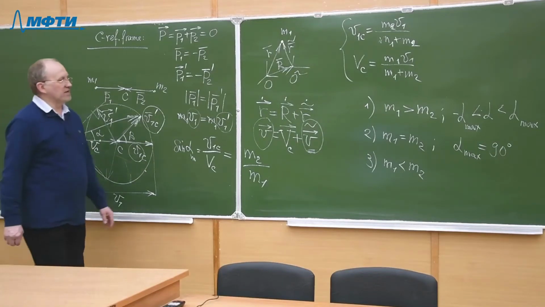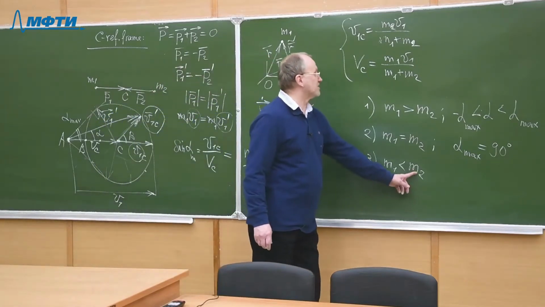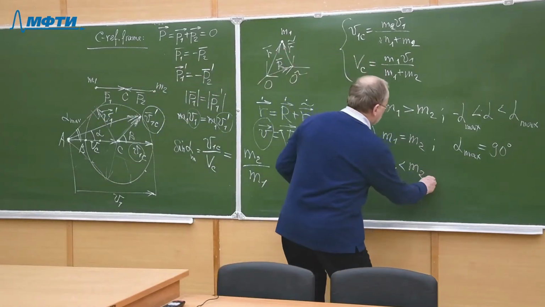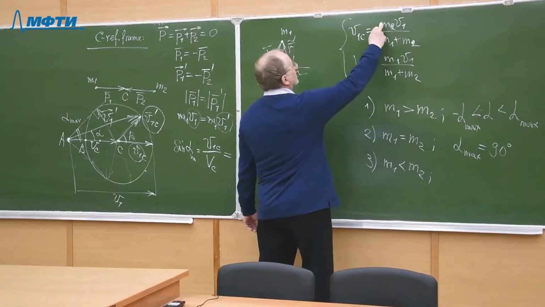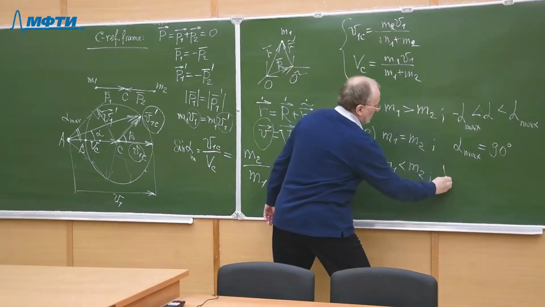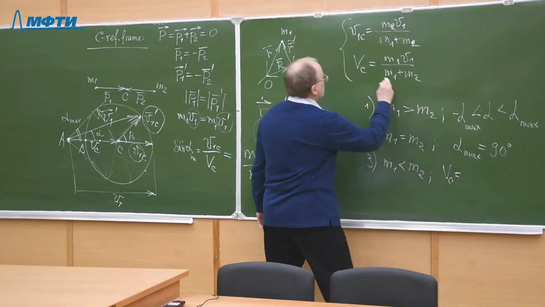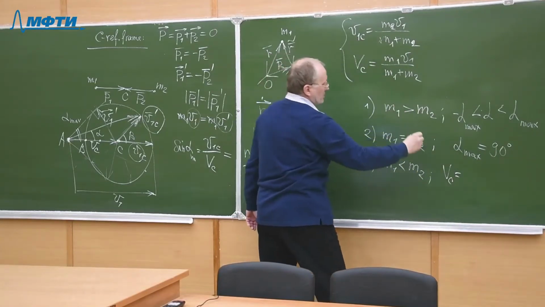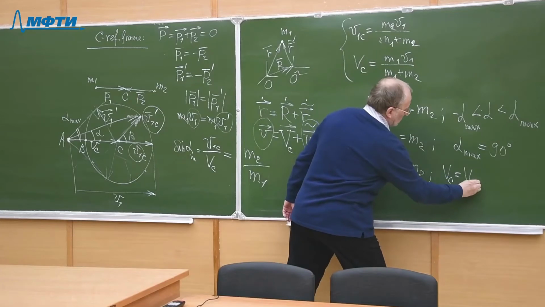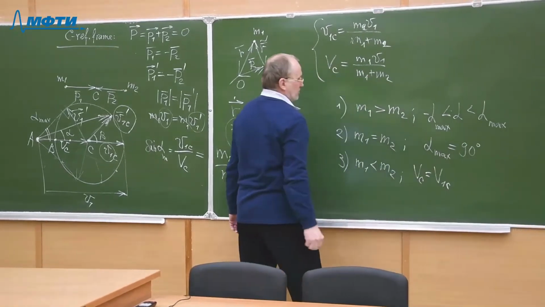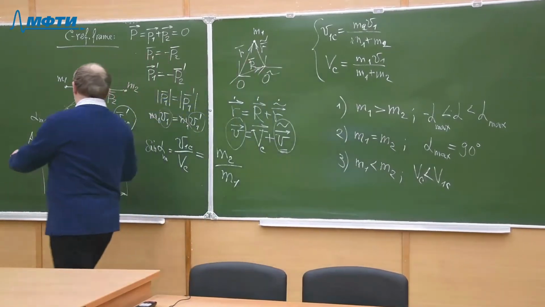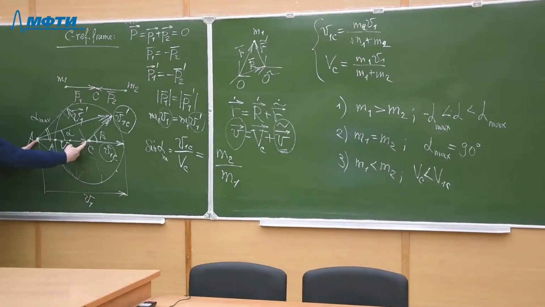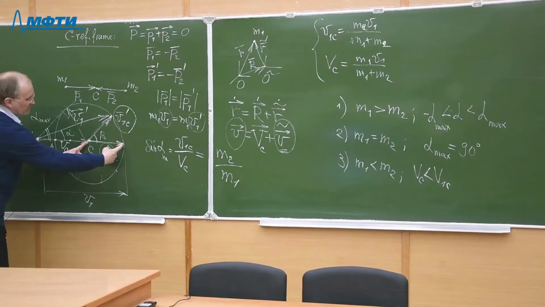By the way, if m1 is smaller than m2, then in this case, look here at this formula. The velocity of the center of mass will be smaller than the velocity of the first particle in the C reference frame. The velocity Vc is smaller than this velocity.